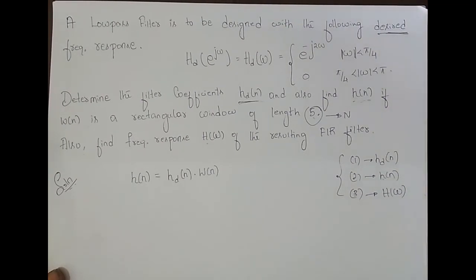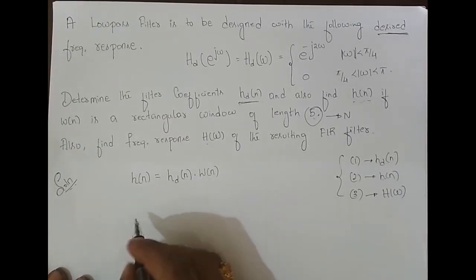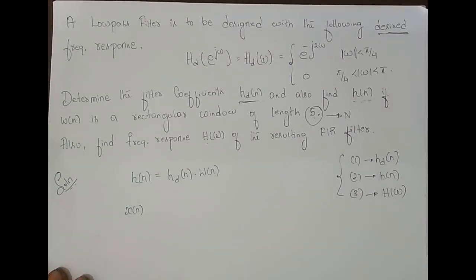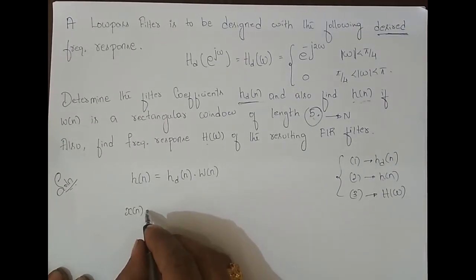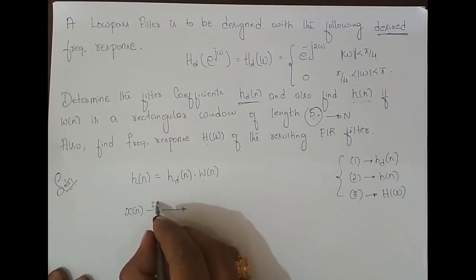Now, before we proceed with designing the filter, in the very first video of this course, that is module 1 and lecture 1, we discussed frequency domain sampling, right? There we said that if I have a non-periodic discrete time signal x of n, and I want to take it to the frequency domain, I have to take the discrete time Fourier transform.